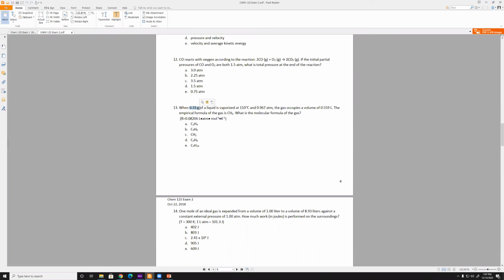Once you solve for the molar mass, you can divide the molar mass by the empirical formula molar mass, which happens to be 14, because it's going to be 12 plus 2. And then that number that you get, which would be a whole number, would be the multiple that you multiply the empirical formula by to obtain your molecular formula. Does that make sense? Or do you have any questions? Or do you want me to go over it?